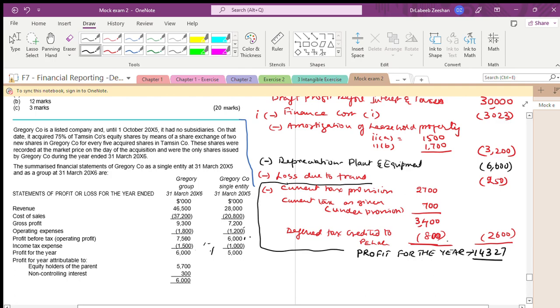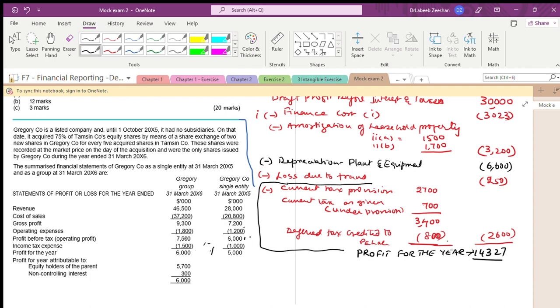In profit for the year, we have taken the draft profit and loss account balance. We have deducted the finance cost on the convertible bonds, the amortization on leasehold property and plant and machinery, the depreciation on plant and equipment, and the loss due to fraud.